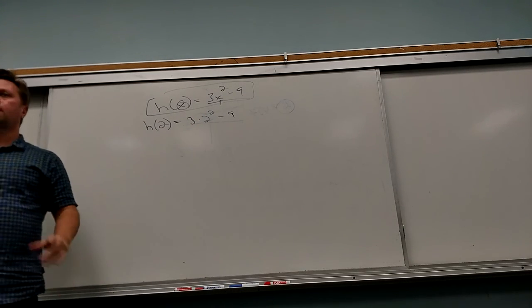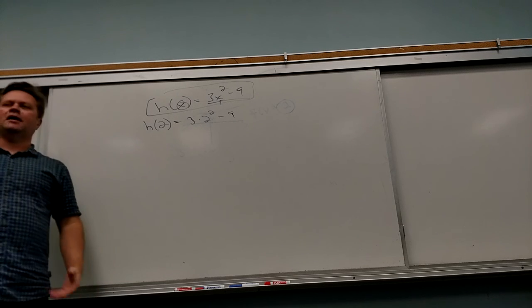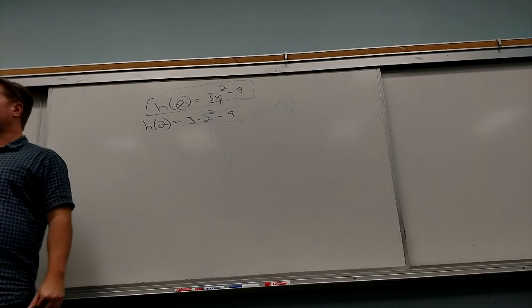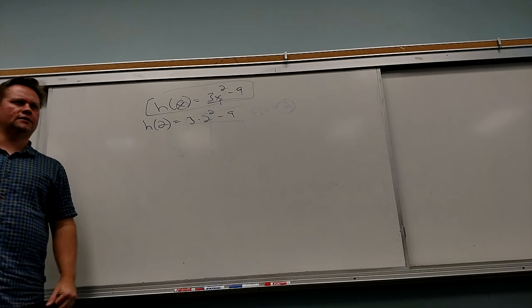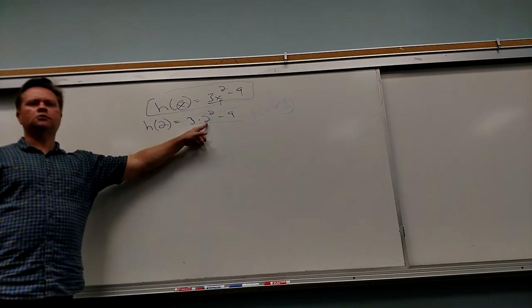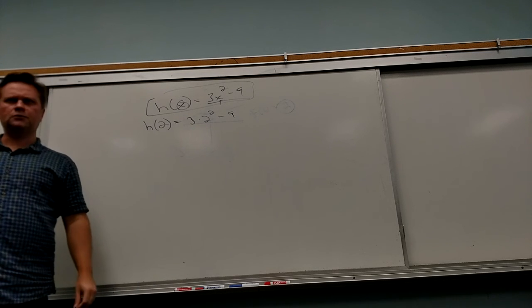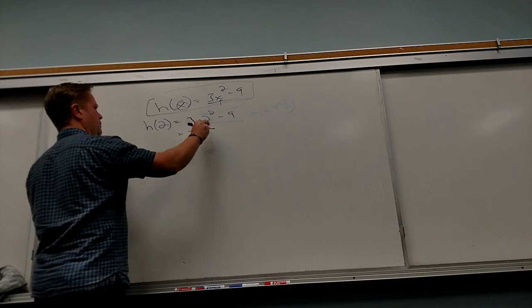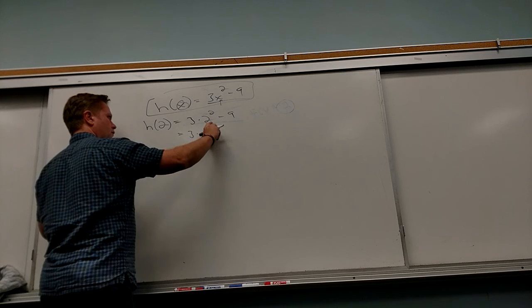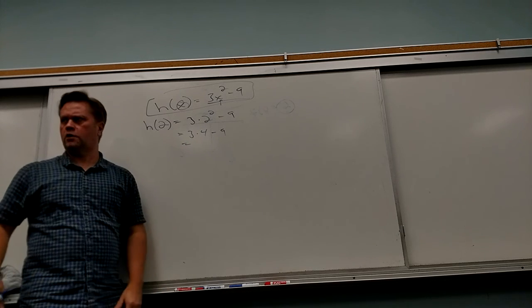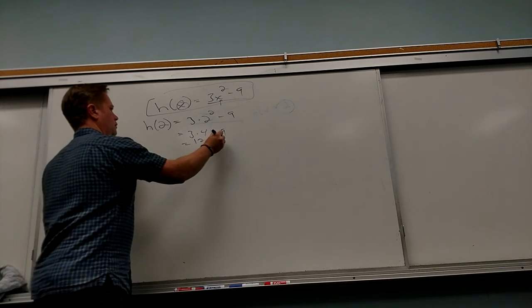Now, something that got me really sad is I had way too many people getting a 6 out of that somehow. 6 squared? I don't see two 6s. I see one 3 and two 2s. What does order of operations say? What comes first, multiplication or exponents? Exponents. So this would be 3 times 4, 12 minus 9 equals 3.